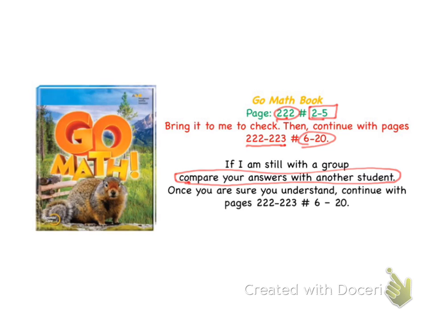So if you're whispering quietly, you can work with another student on problems 2 through 5. Then once you and your partner agree that you've got numbers 2 through 5 correct, go on and work on numbers 6 to 20. Remember, please remember, these are estimates. Depending upon how you do it, you could all come up with a different answer.